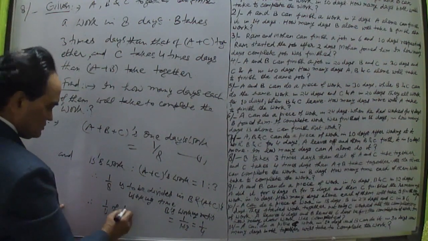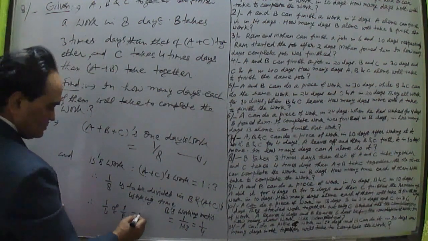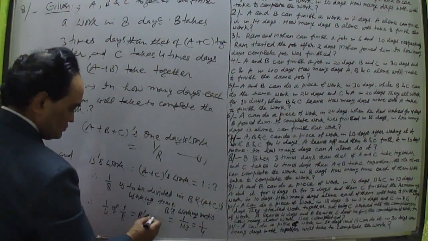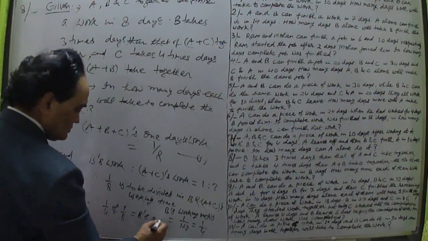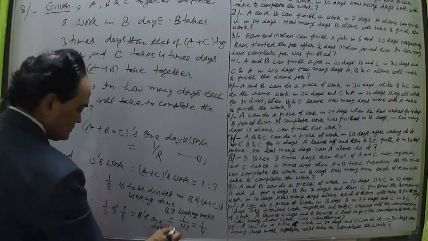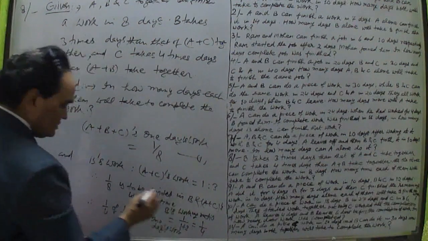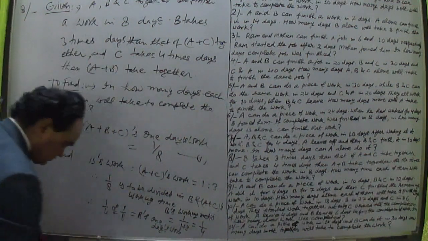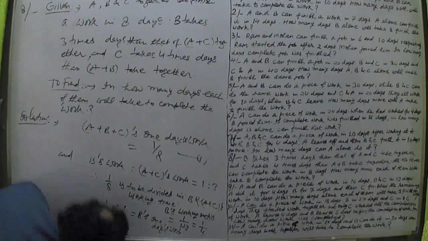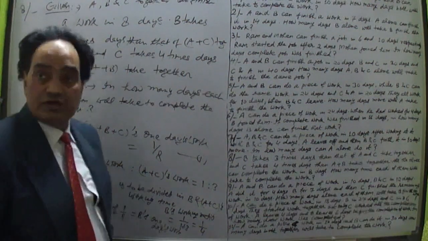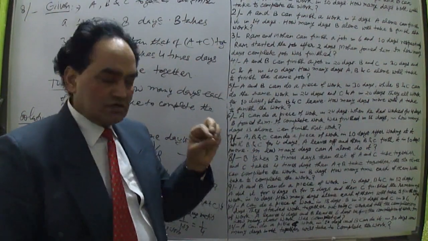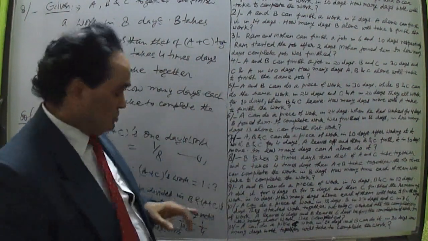Therefore, 1 upon 4 of 1 upon 8 is equal to B's 1 day work. So the work of all three in 1 day, 1 upon 8, is divided into B's work.